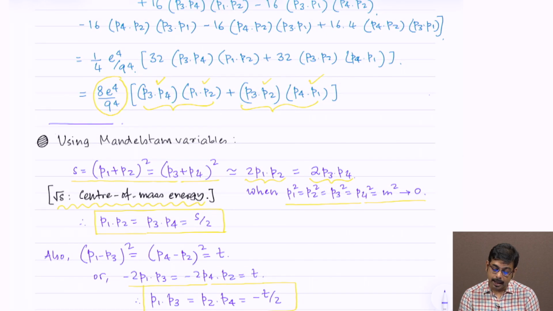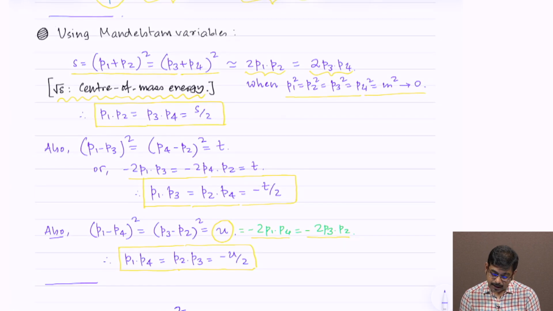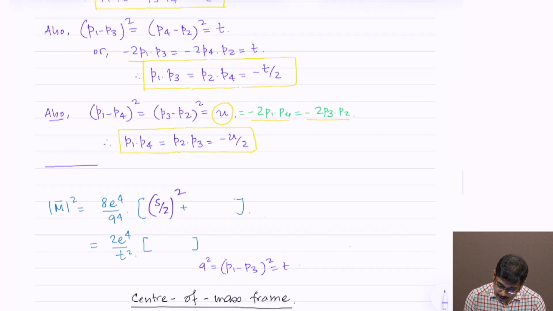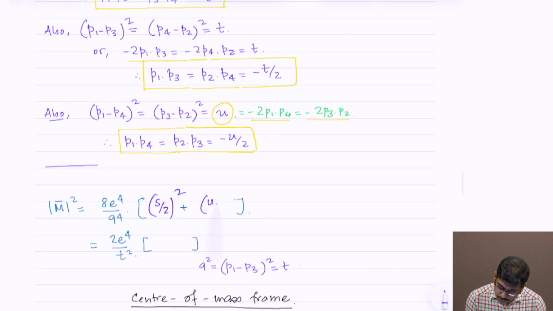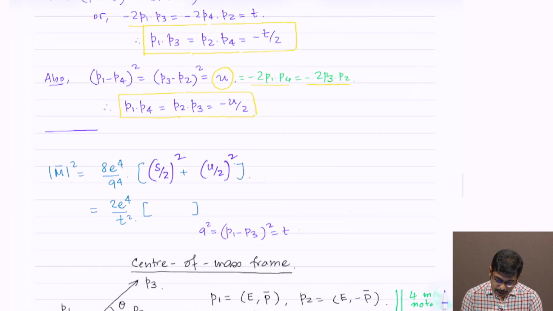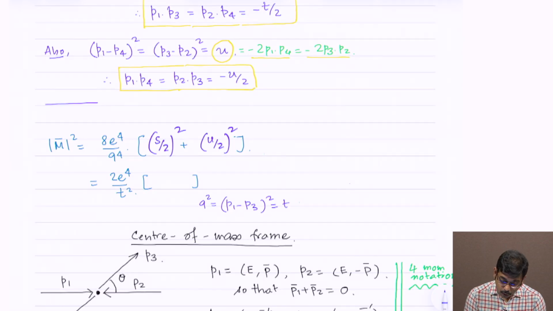You have the second term like P3 dot P2 into P4 dot P1. P3 dot P2, what is it? P3 dot P2 is minus U by 2 and so is P1 dot P4. So this term is (U by 2) whole square. The minus goes away because there is a square. So you can say that this expression then nicely turns into that.